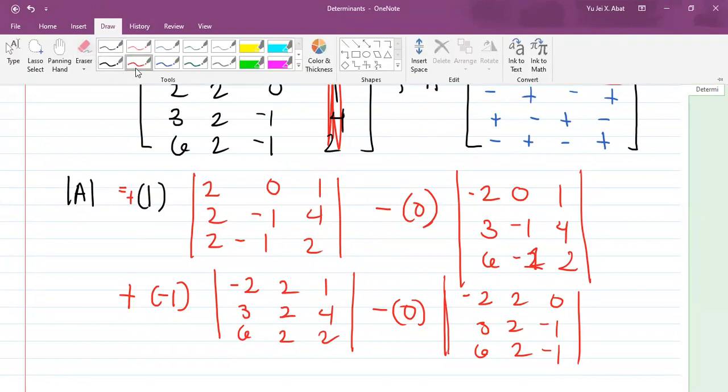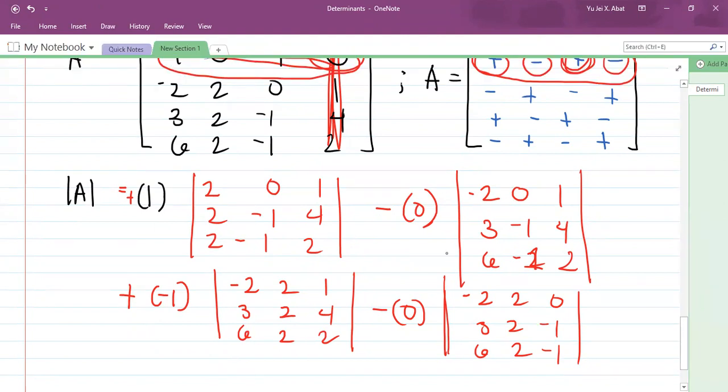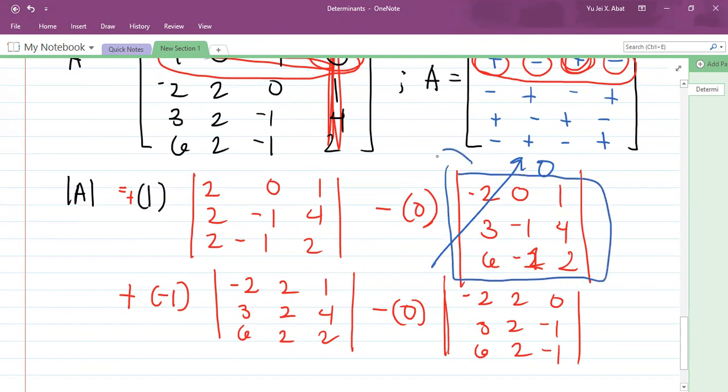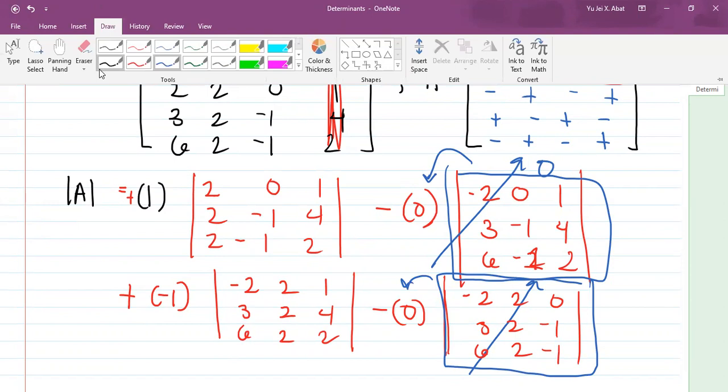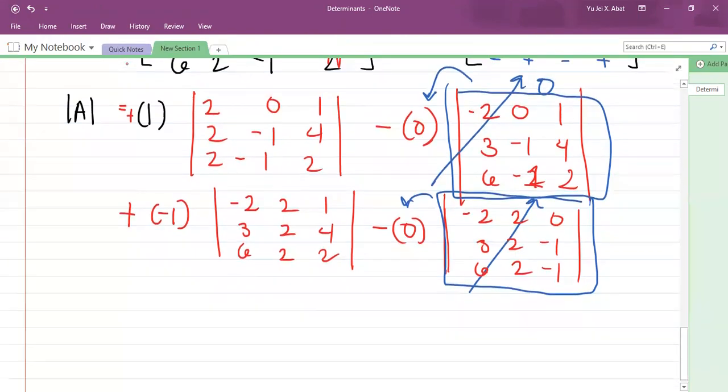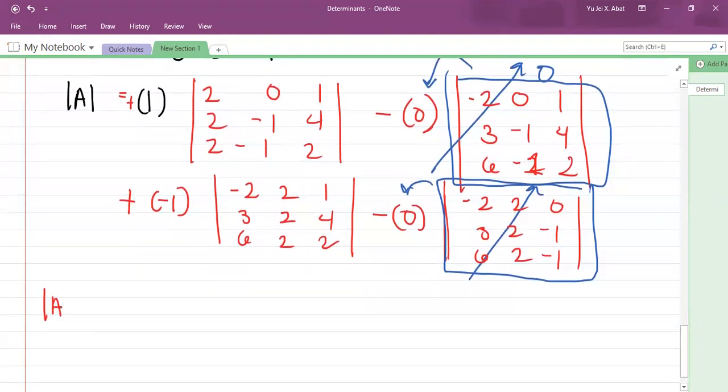So kaya lang, para mapadali yung buhay natin, we can cancel this out. Ito, wala na to. Kasi kahit kunin ko yung determinant nito, imumultiply ko sa 0, 0 pa rin. Ito, canceled out na rin to. Kasi kahit kunin ko yung determinant nito, pag minultiply ko sa 0, 0 rin. So, ang natitira lang is yung dalawa. Kaya as much as possible, pag may maraming 0 sa rows or columns, yun yung piliin ninyo.